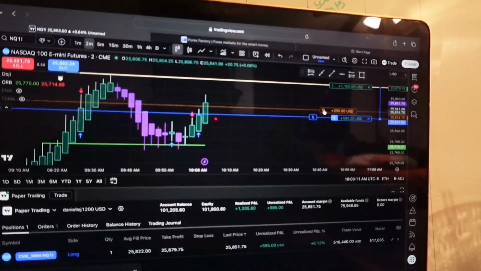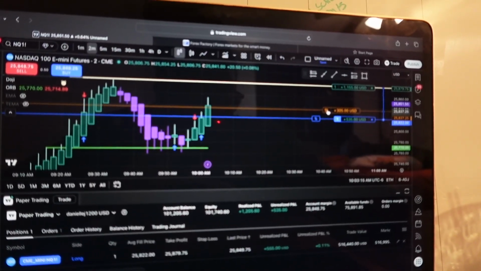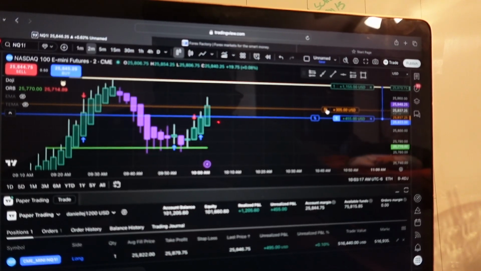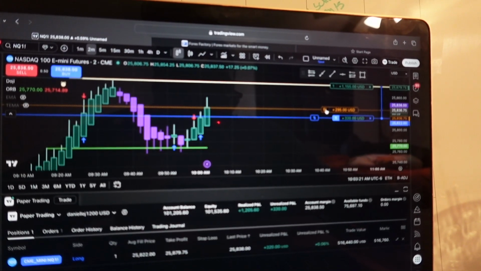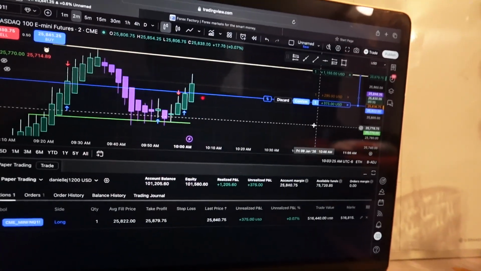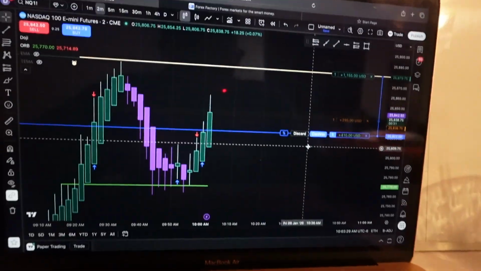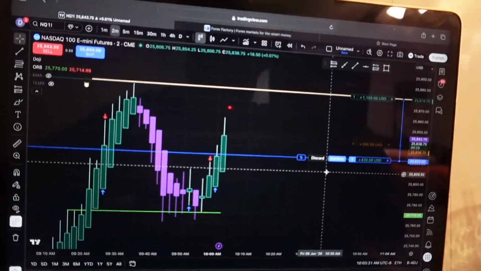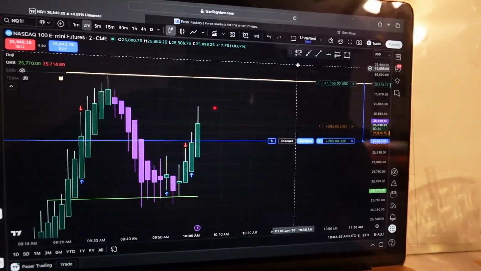So this is how y'all know, and I'm gonna close some of this out because of my stop loss. I'm at 410. This is my target right here.